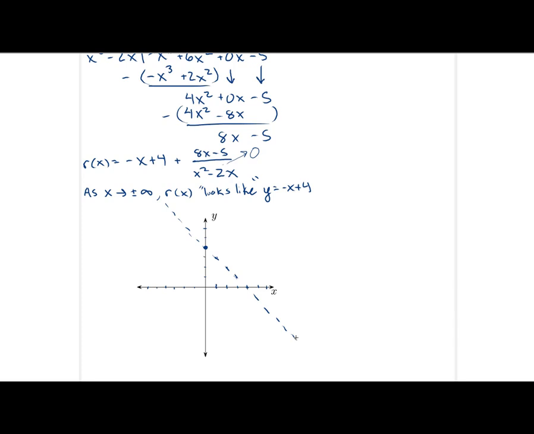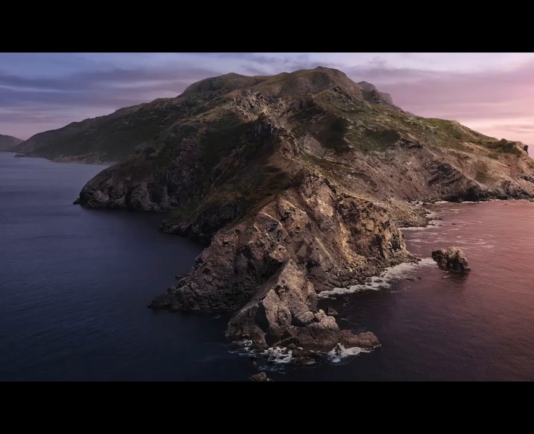Now, before we graph anything else, let's put this in our calculator, so we can make some sense out of what it means to have a slant asymptote.